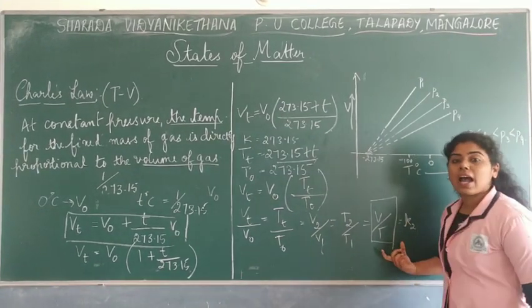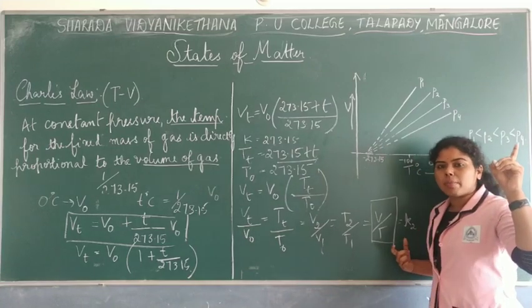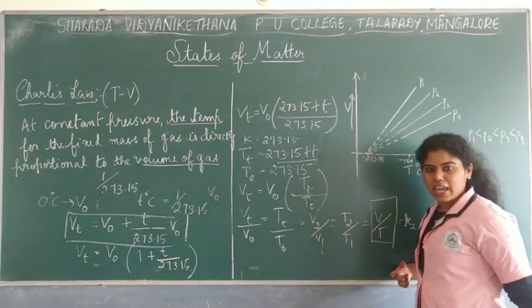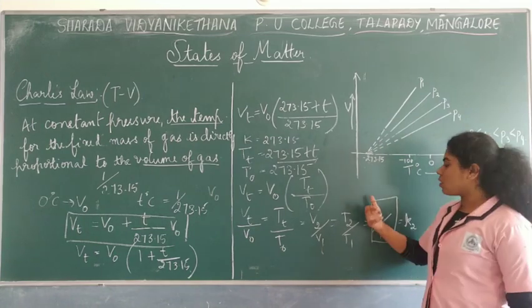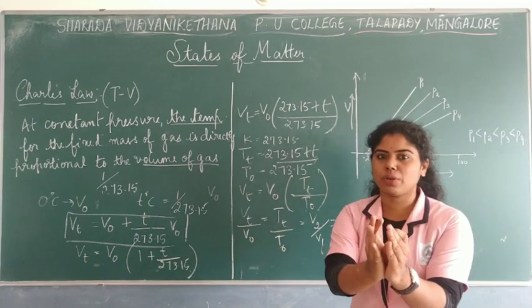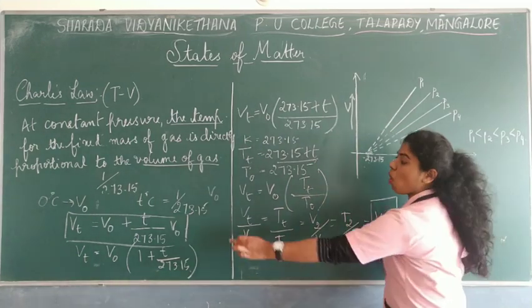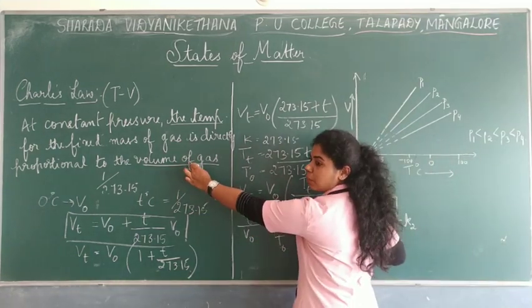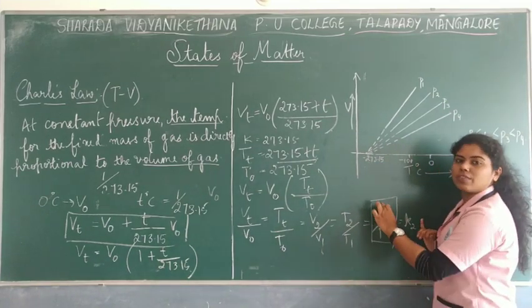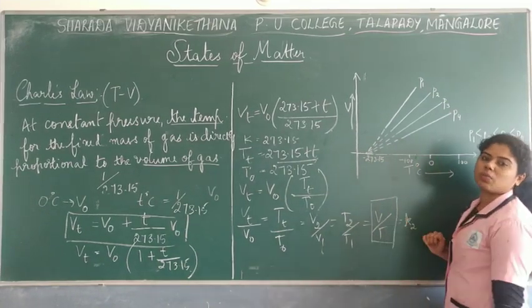Just as in Boyle's law, remember that the product of volume and pressure is equal to K1, right? Here, this was a product, but what do you get when you have to apply constant? V by T will always be equal to K2.